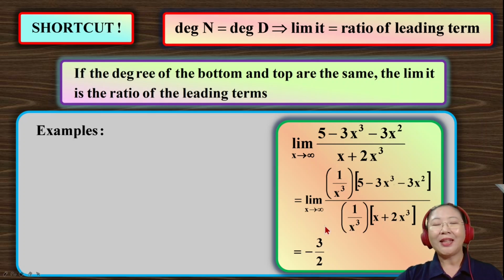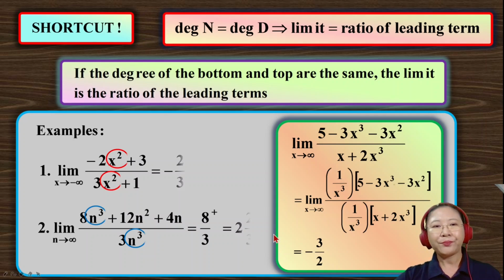Now we will get negative 3 over 2. But this time, we must know whether it's negative 3 over 2 plus or negative 3 over 2 minus. It means we want to know whether this horizontal asymptote is coming from the top or the bottom of that value.